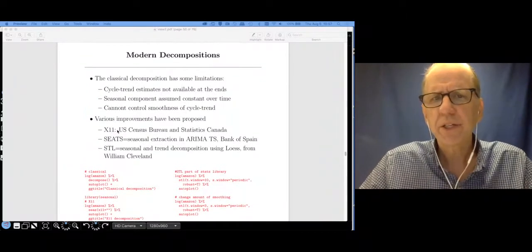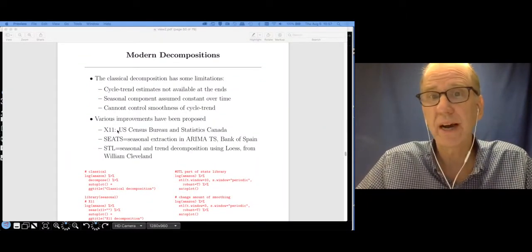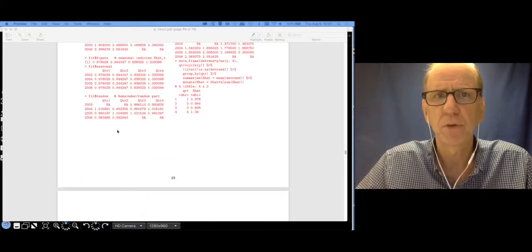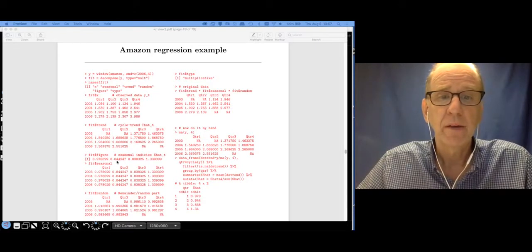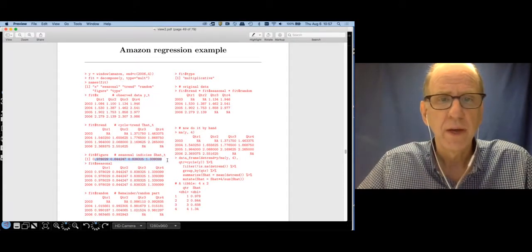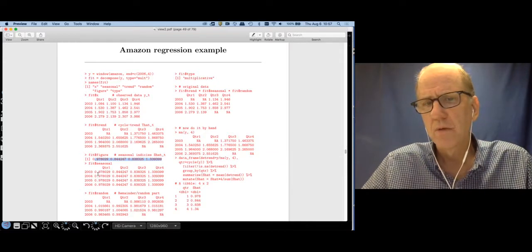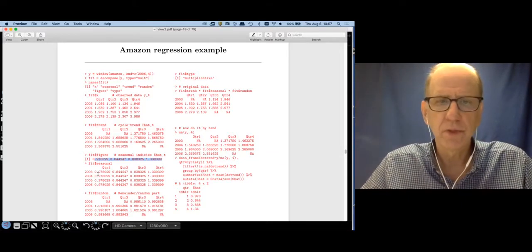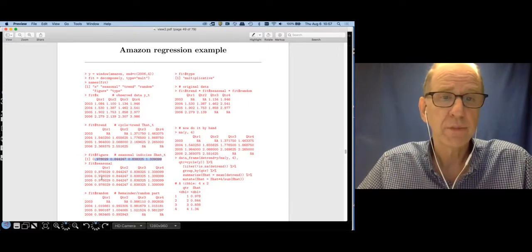Another limitation is that the seasonal component is assumed to be constant over time. Again, going back to my Amazon example, we had a single seasonal figure that is assumed to hold across all years. What often happens in real time series, especially longer ones, is that those seasonal effects might change over time.